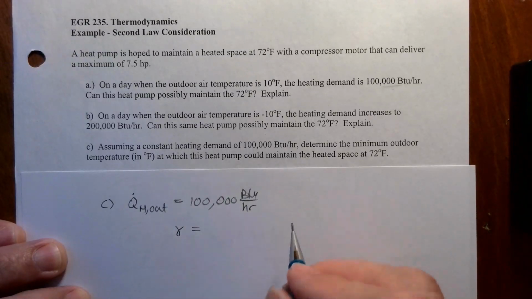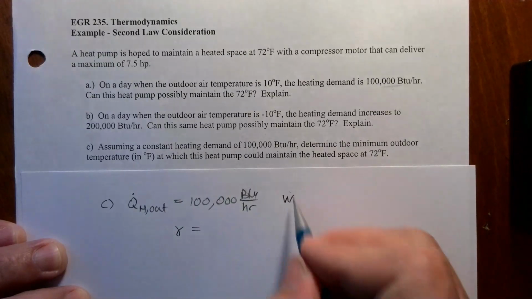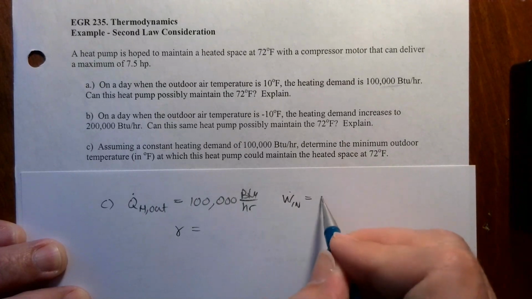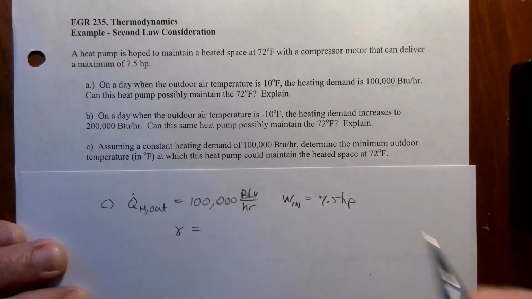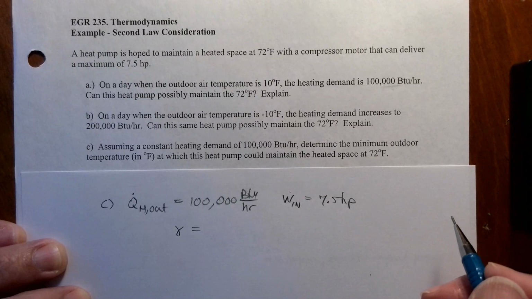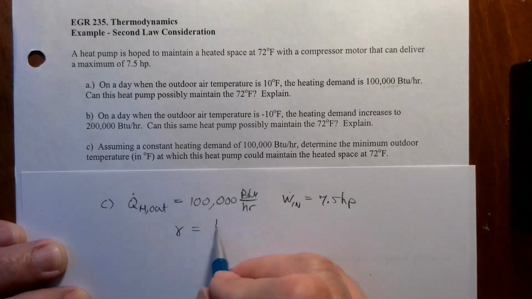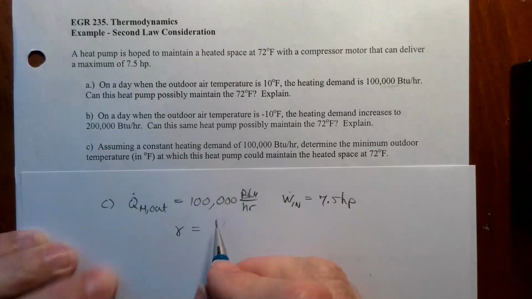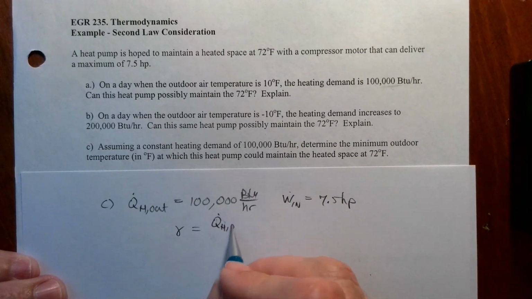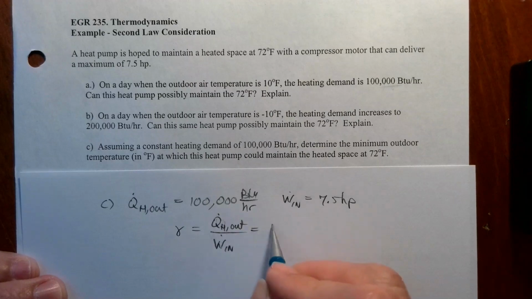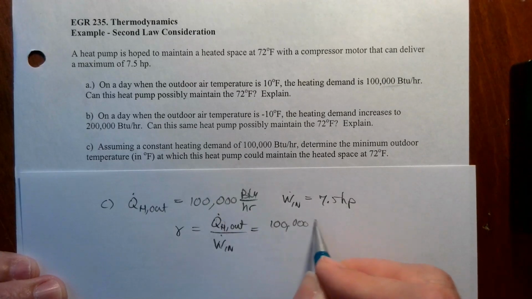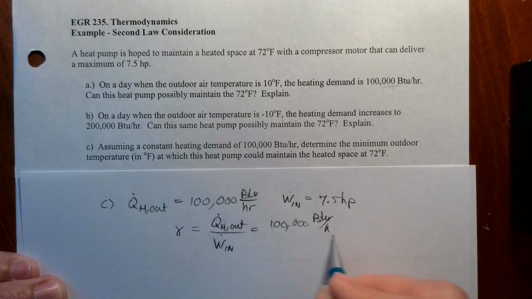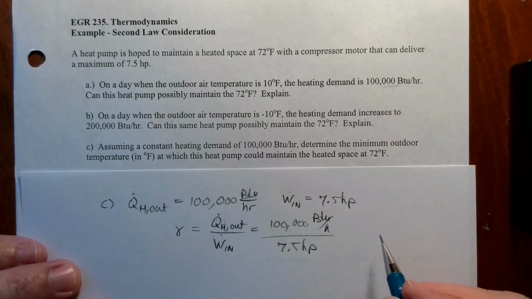So we're going to say our W dot N is equal to the maximum value. So we're going to operate at our 7.5 horsepower. So then the performance would be equal to QH out divided by the power N. So 100,000 BTUs per hour divided by the 7.5 horsepower.